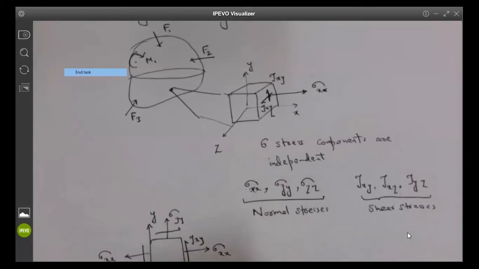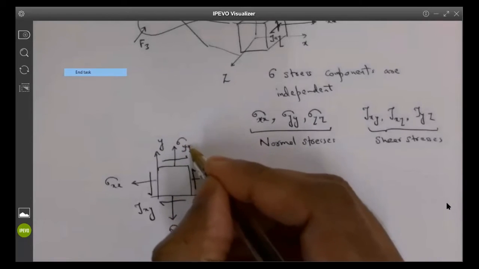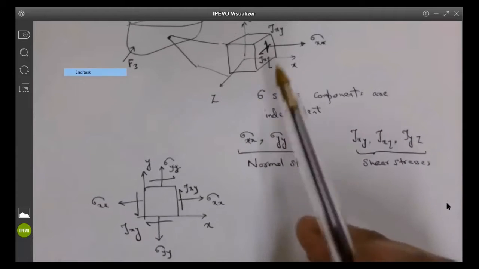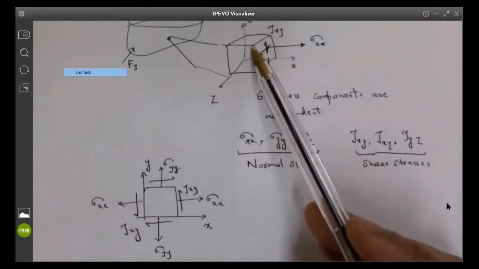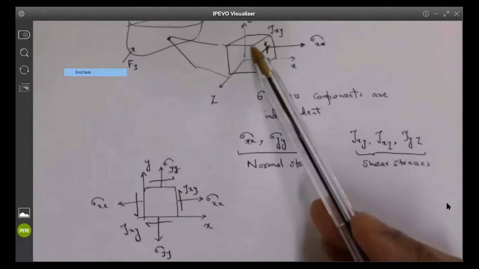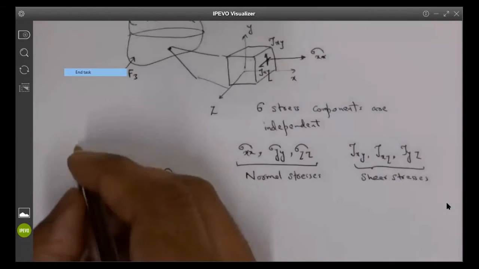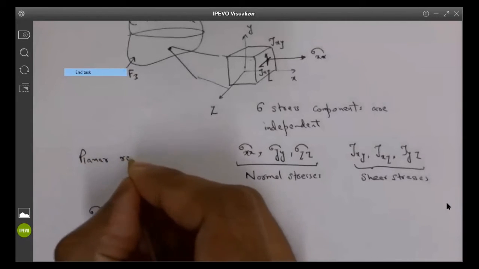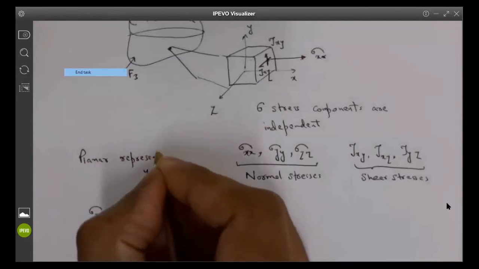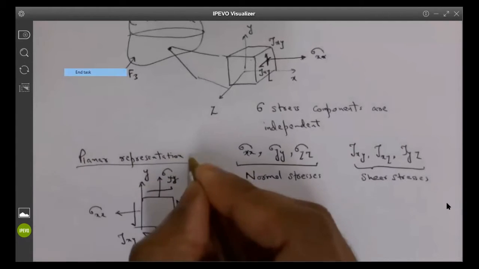These are the only 3 components of stress that remain if I squeeze the material in one direction. So if I squeeze the material in the z direction, I only have the stress state represented in a planar form, and that's what we call the planar representation of stresses. What it means is that all the out of plane stresses are 0.